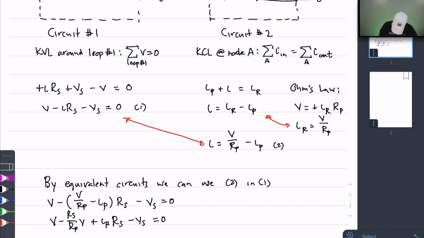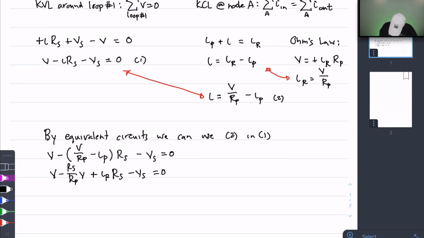I can then factor out the V's from here and there, and the equation that I'm left with is 1 minus R sub S divided by R sub P times V. And then I'm just going to place parentheses around the rest. So I have parentheses I sub P R sub S minus V sub S, and this is equal to 0.